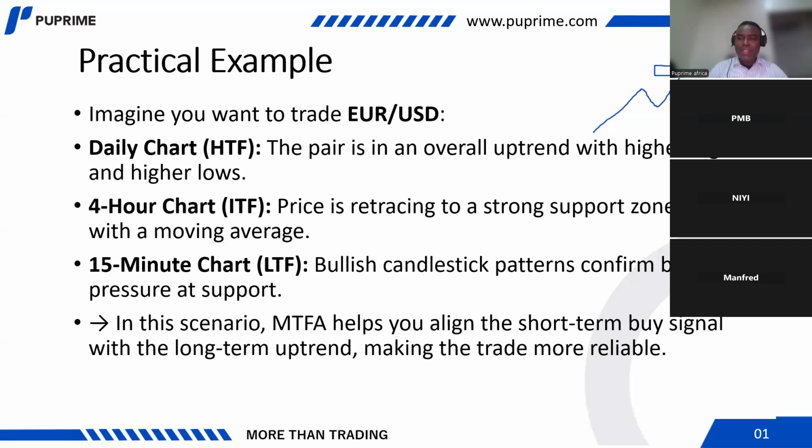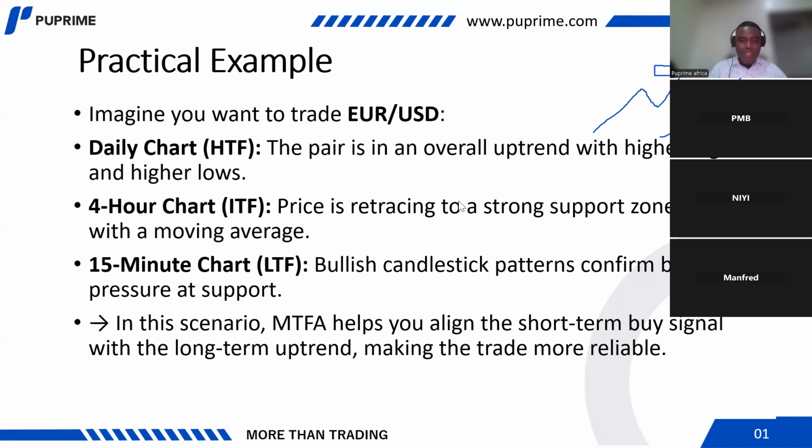Now you can see that everything is pointing towards a bullish direction. Overall trend is bullish. Price hit a support. Moving average confirms bullish. A candlestick pattern on 15 minutes also confirms a bullish movement. So all this is confirming the same direction. Though different patterns are being seen, the direction is the same for all of them.